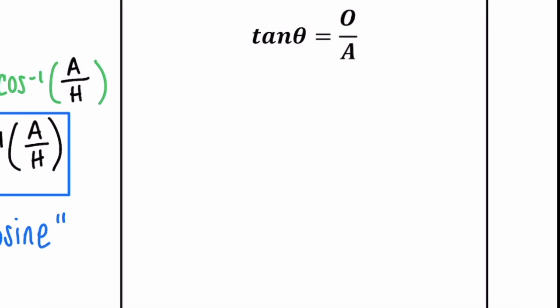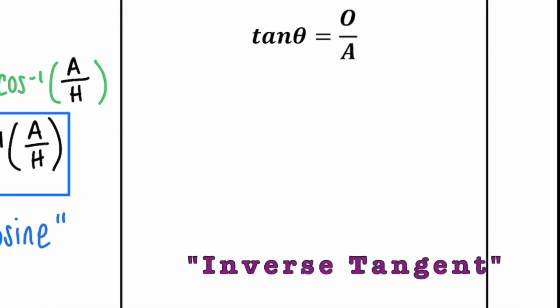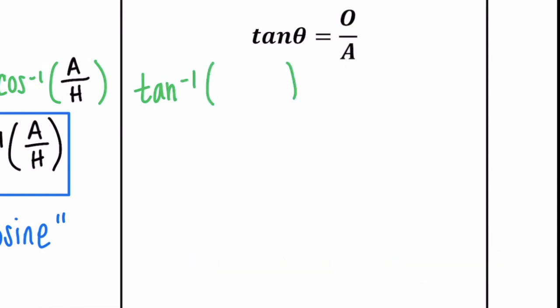What about tangent? Again, I notice that I have tangent theta equals opposite over adjacent, but I want to get theta by itself. So can you guess what the inverse of tangent is? How about inverse tangent? You guessed it. To undo taking the tangent of theta, we are going to do the inverse tangent of both sides.